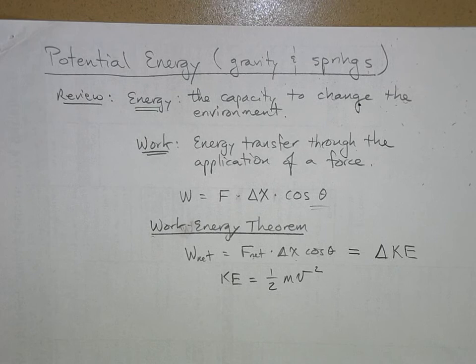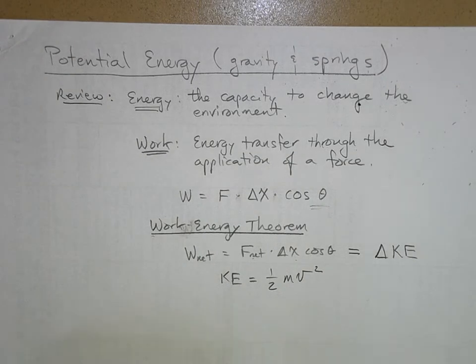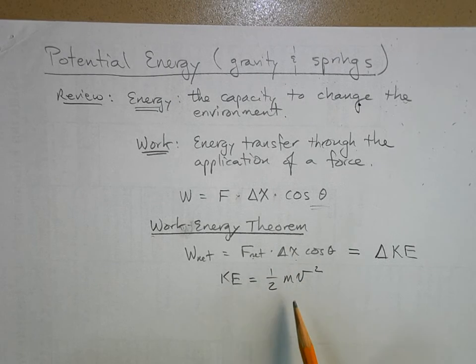So if I do work on an object, a force times displacement times cosine of the angle, and that force is the net force doing that work, the result will be giving it kinetic energy. It has mass and it has speed. And once something has speed, now it can in turn do work.